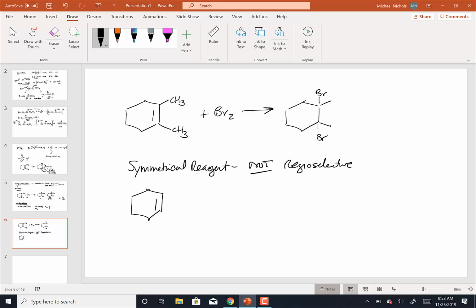What about the alkene? If the alkene is symmetrical, will I get more than one product?